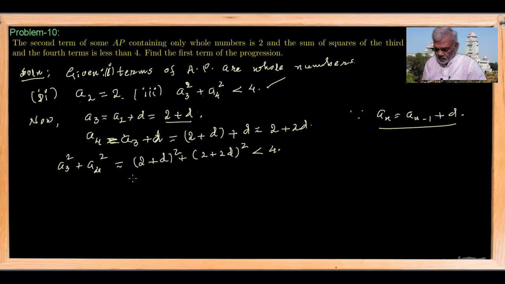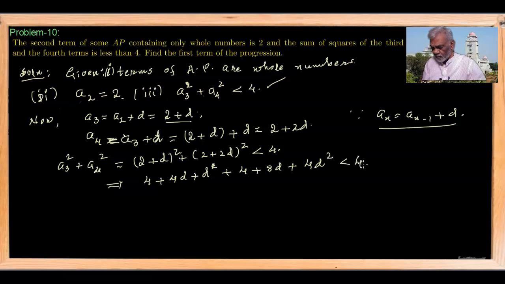And this implies 4 plus 4D plus D square plus 4 plus 8D plus 4D square is less than 4.